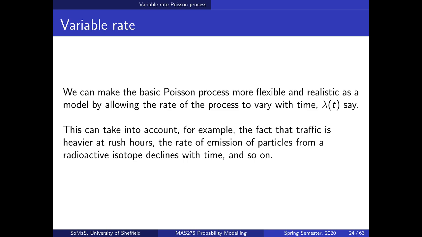The point is, for example, saying that, well, traffic is heavier at rush hours. So if the arrival of buses is modeled by a Poisson process, there's going to be more buses at times where we need them, which are typically rush hour. So the parameter would be bigger at these times. Or if you're looking at radioactivity, which is also a thing you can use Poisson processes with, then of course, the more your isotope declines, the more particles you emit, the fewer you have to emit, so the rate will also become lower and lower.